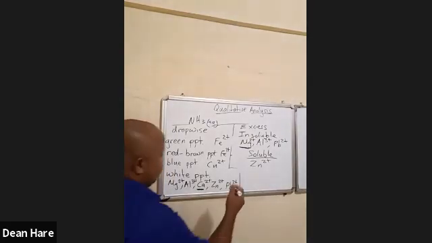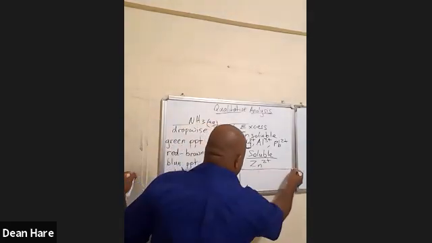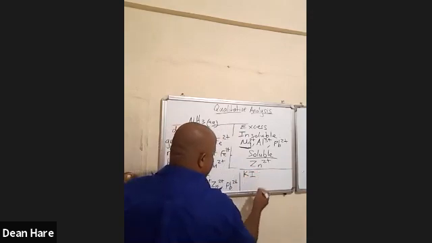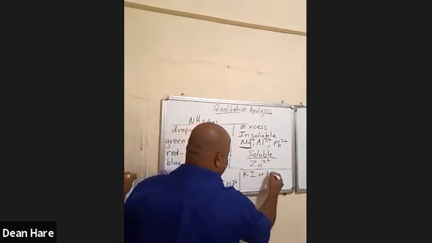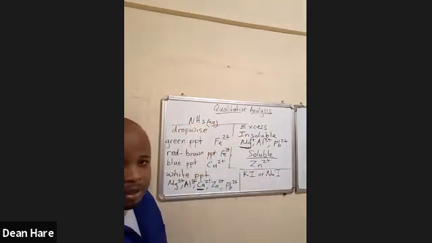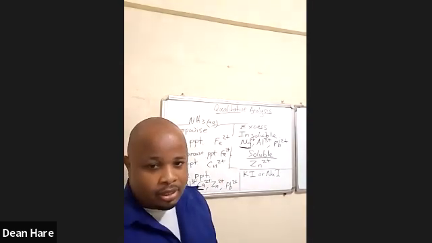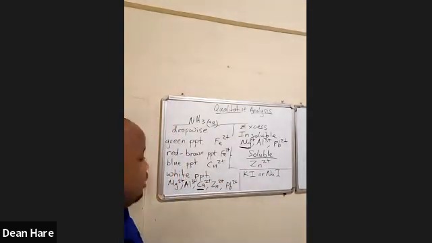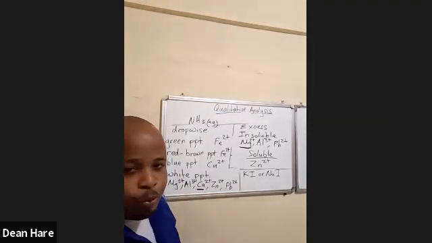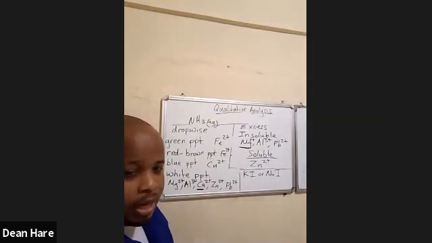So you can use potassium iodide or sodium iodide. And what is going to happen is that the lead ions are going to combine with the iodide ions to give you a yellow precipitate of lead iodide.